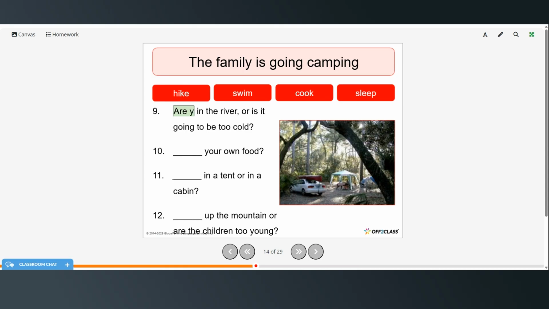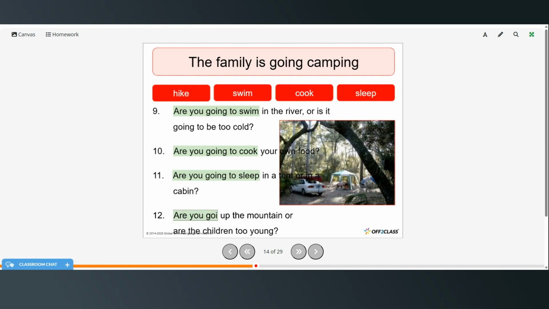Are you going to swim in the river, or is it going to be too cold? Are you going to cook your own food? Are you going to sleep in a tent or in a cabin? And are you going to hike up the mountain, or are the children too young?